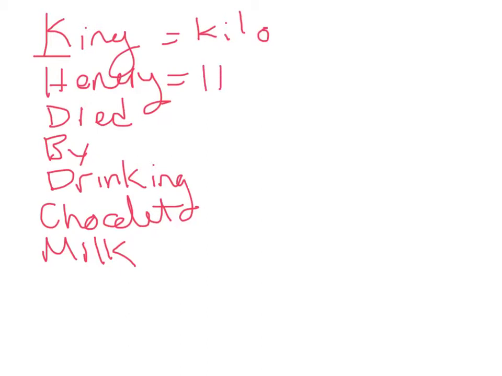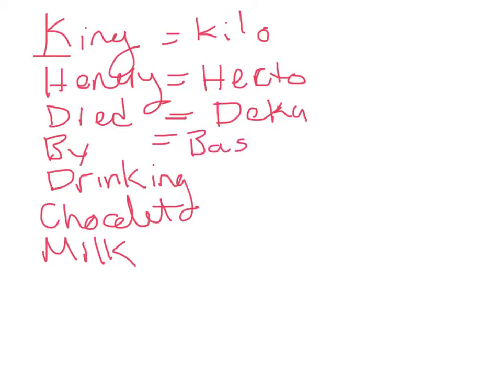Henry stands for hecto. Died stands for deca. By is your base unit. Remember what the base units are? They are gram. What's gram for? It's for mass. Liter, what is liter for?